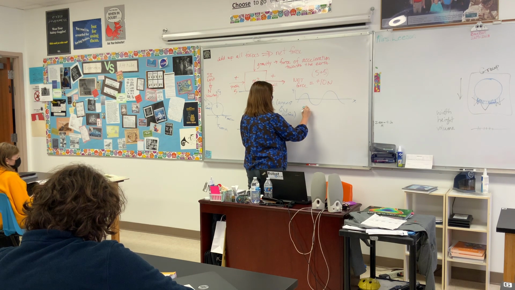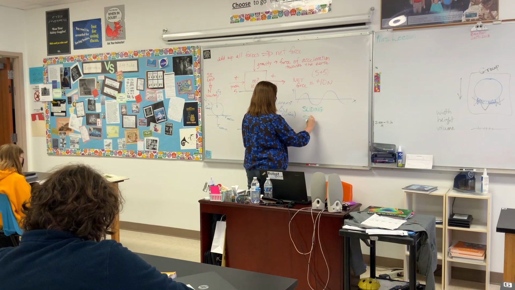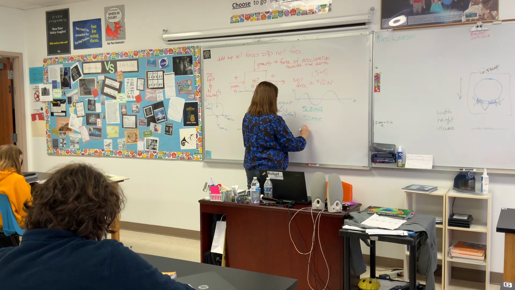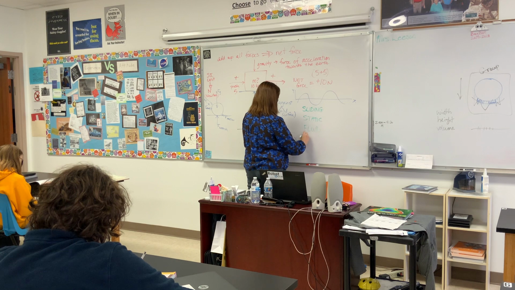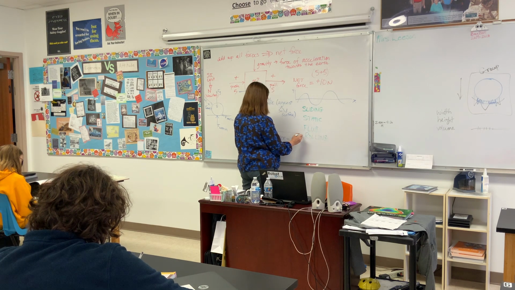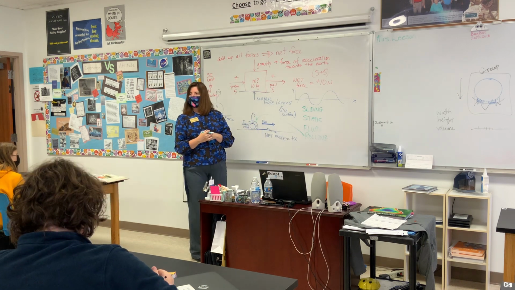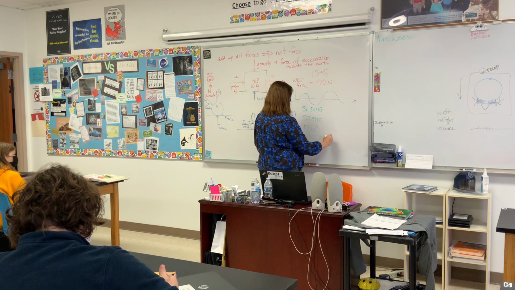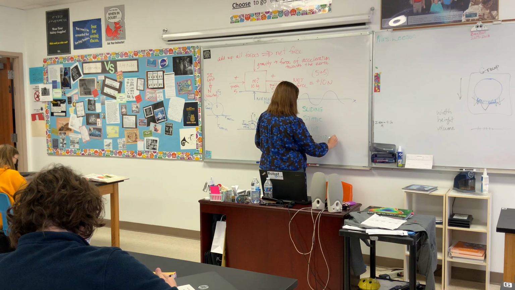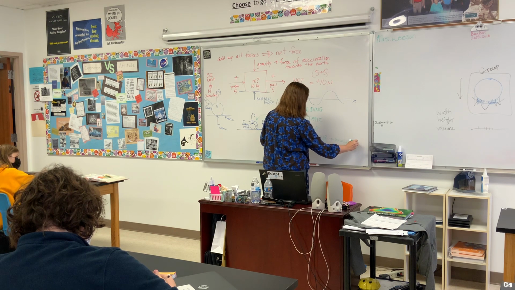Okay? So if we were to look at different types of friction: sliding, static, fluid, and rolling. So rolling is anytime I have something with wheels, or something that is a sphere. This is going to involve wheels or spheres when they're moving.